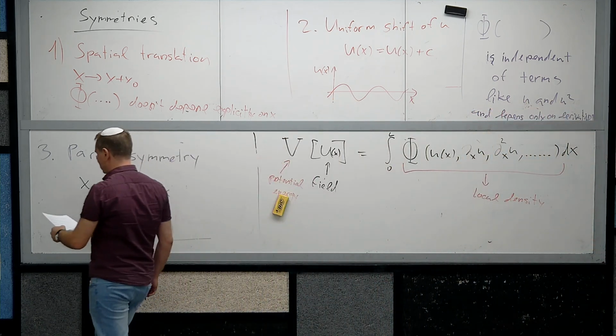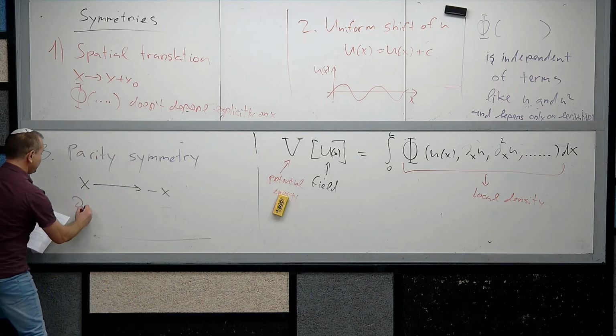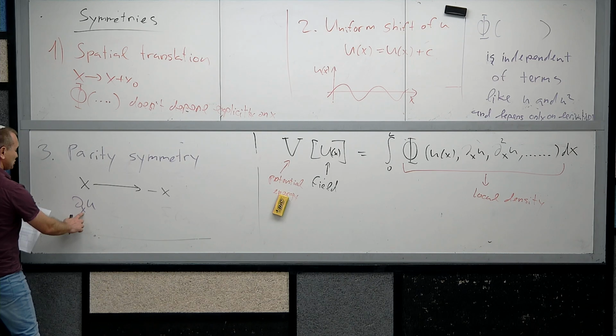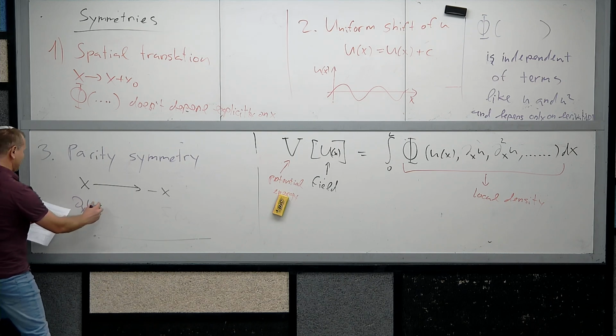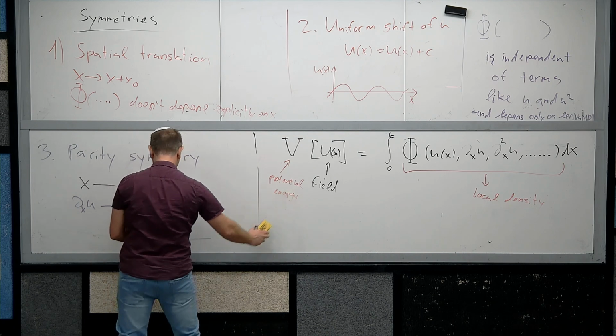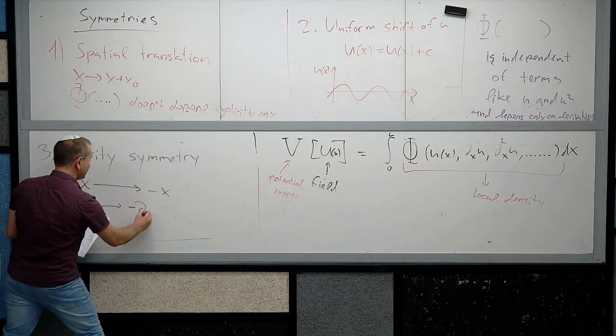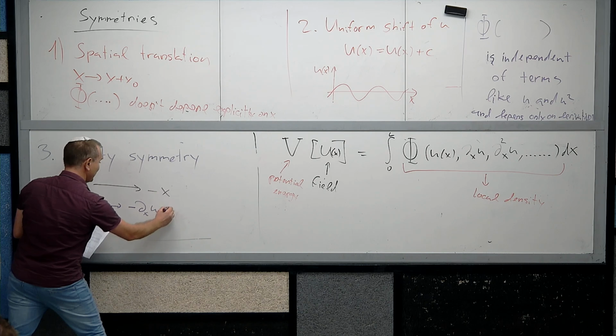So what happens to my derivative? For example, if I have d_x u, and I flip x to minus x, what will happen over here? It will go to minus d_x of u at minus x.